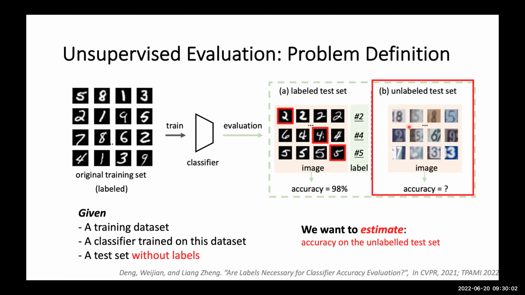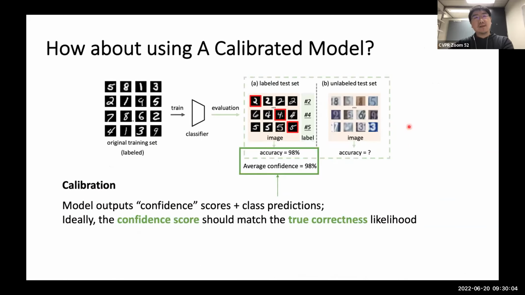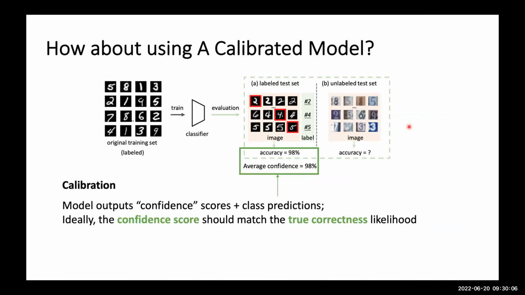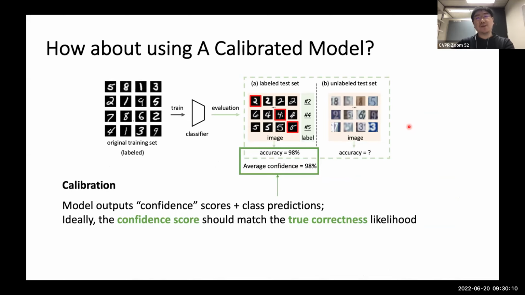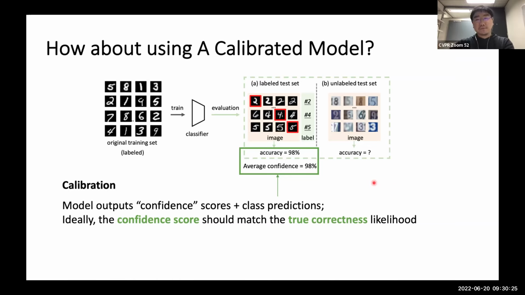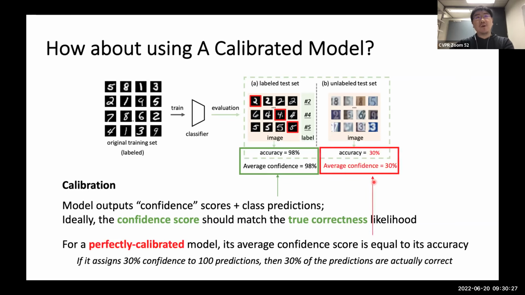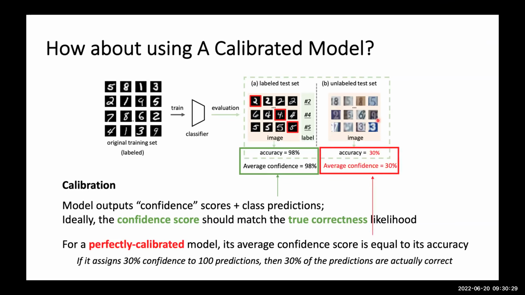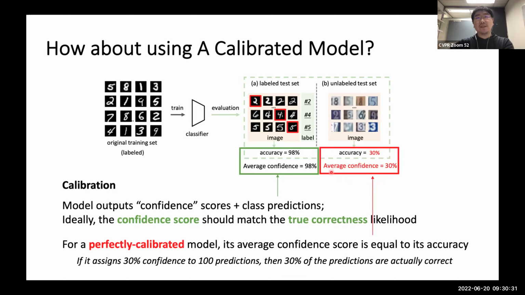If you are familiar with model calibration, you would somehow come up with an idea using a calibrated model. Can we use a calibrated model to directly obtain our model performance on this unlabeled test set? For example, when we have an unlabeled test set, we calculate the average confidence of our model.